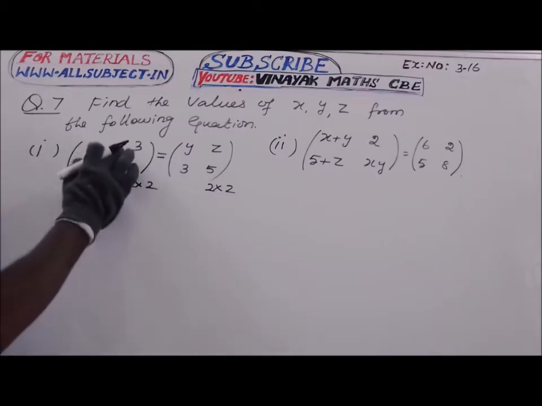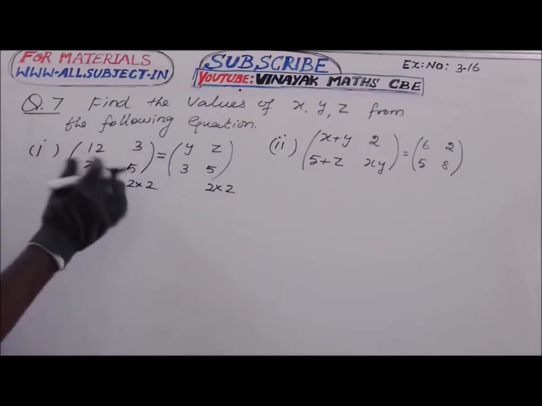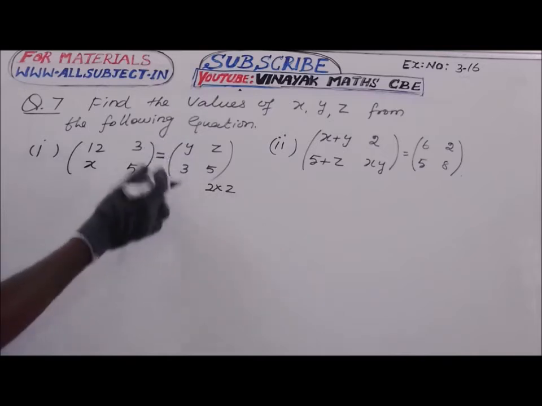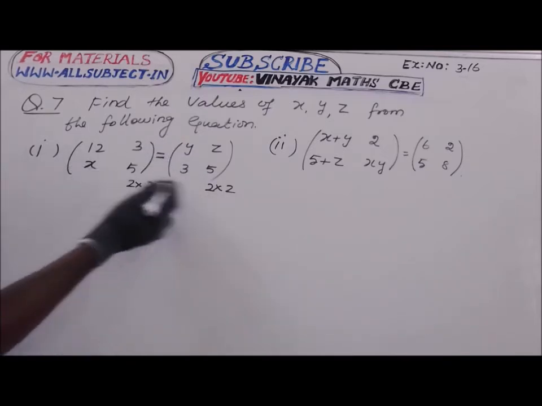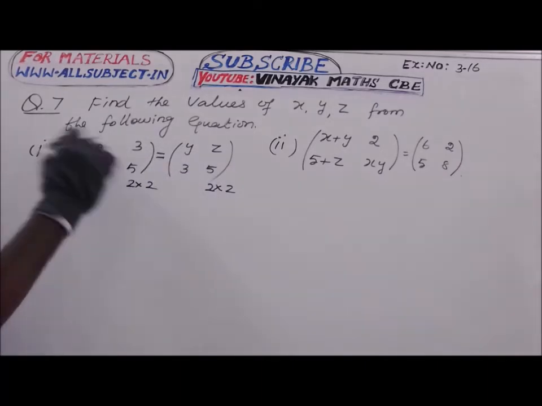The equal symbol tells us they are equal matrices, so they have equal order, and this means the corresponding elements should be equal.